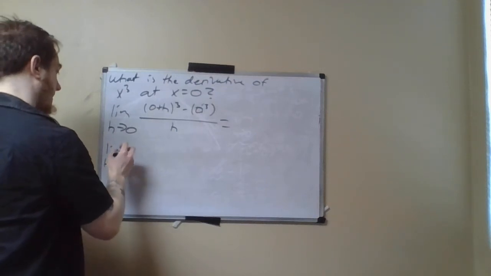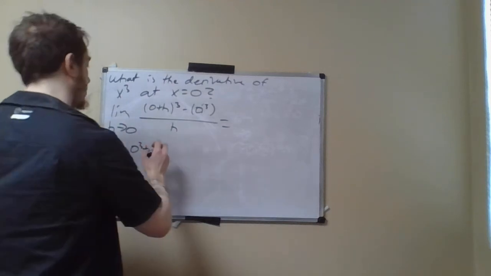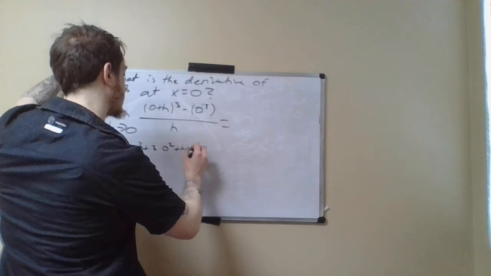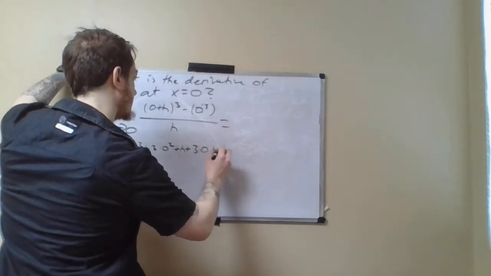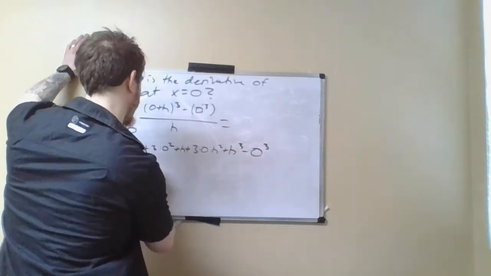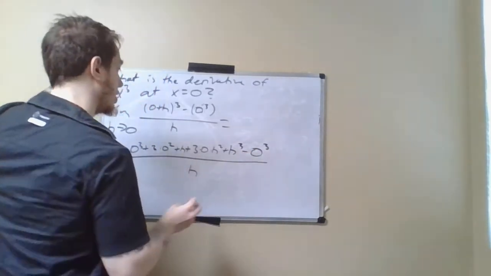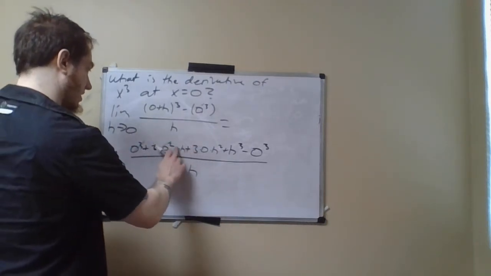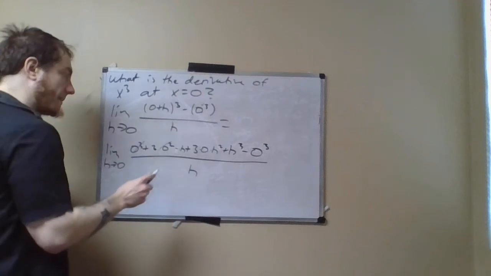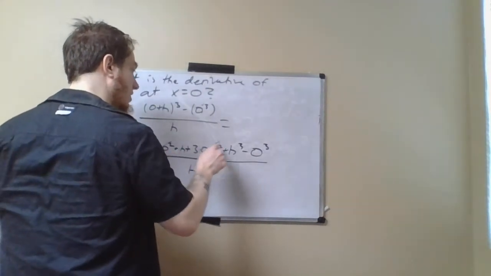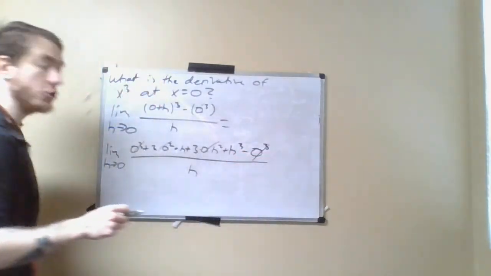So actually, let me write it this way. The limit as h goes to 0 of 0 cubed plus 3 times 0 squared times h plus 3 times 0 times h squared plus h cubed minus 0 cubed, all divided by h. Now, the nice thing here is that all of these terms are zeros except for my h cubed term.